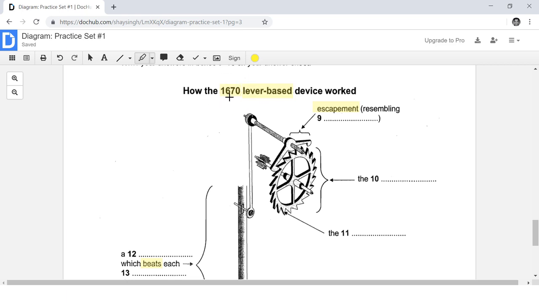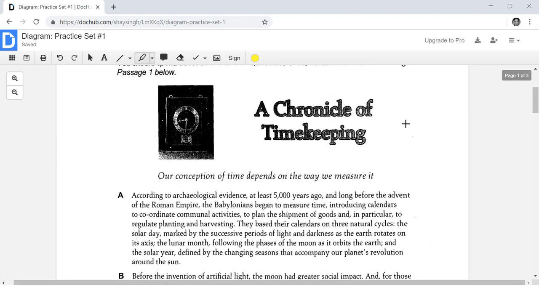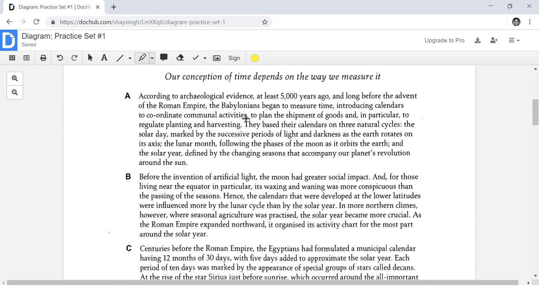Right now, I want to first find my matching paragraph by using these keywords. So let's start to look for 1670, and then we'll also look for lever-based around that area once I have already found 1670. So here we go. Let's start from the very top. So I am scanning for 1670.